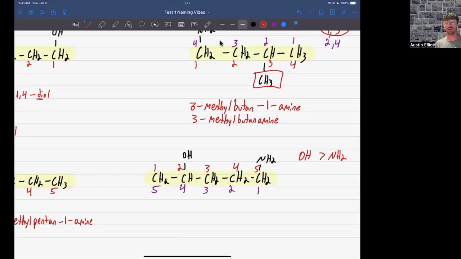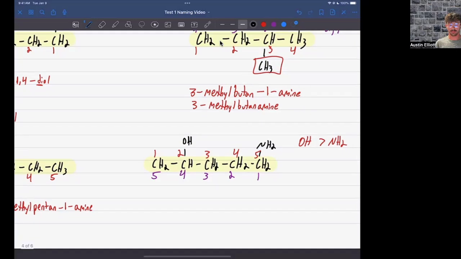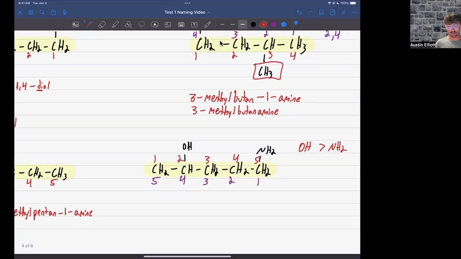It's very important because Dr. Burke could possibly give you a question like this, trying to trick you up a little bit, but alcohols always take priority. So in this case, we're going to use the red numbering system. And so when an amine is a branch, what do you call it?